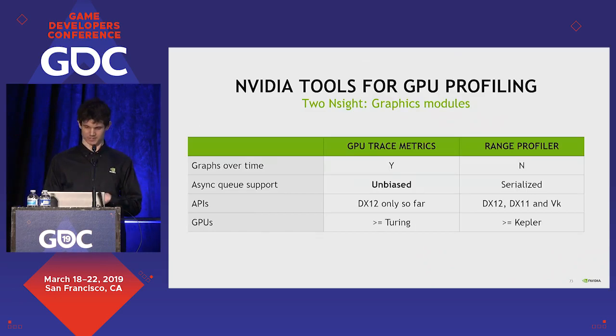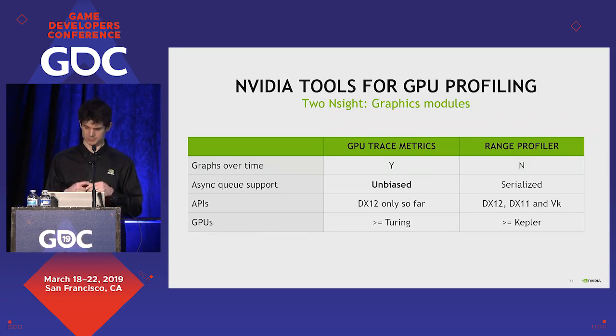All right, so to sum up the NVIDIA tools that we have available for getting those hardware metrics, there are two. There's the range profiler, which we have supported for a while, and that now supports Vulkan, DX11, DX12 as well. And there's GPU Trace, the metrics graphs, which is DX12 only so far, and Turing and beyond only.